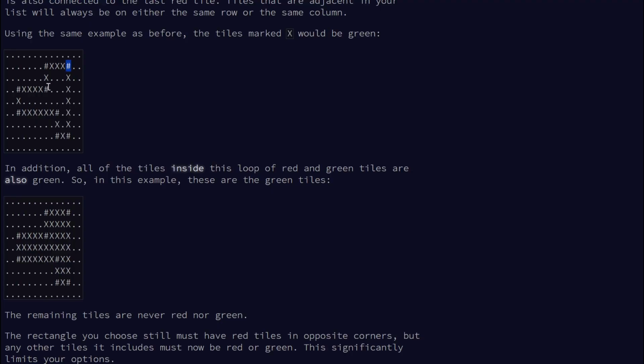Like, okay, from here to here, it's not enough to just look at the edges of this rectangle.